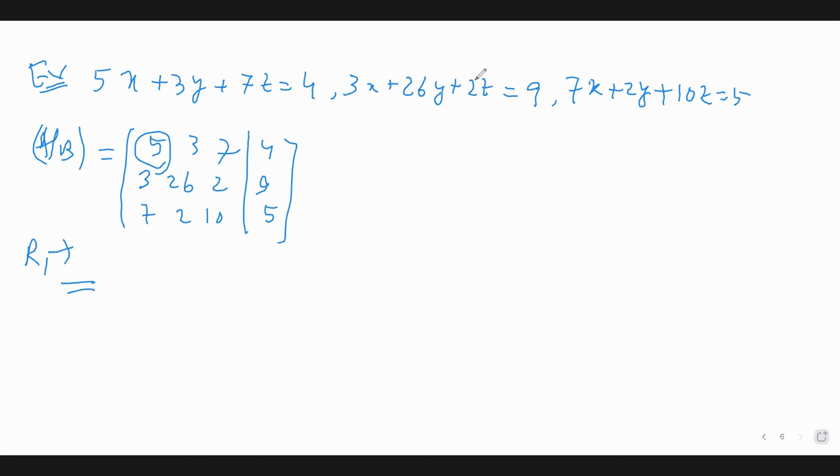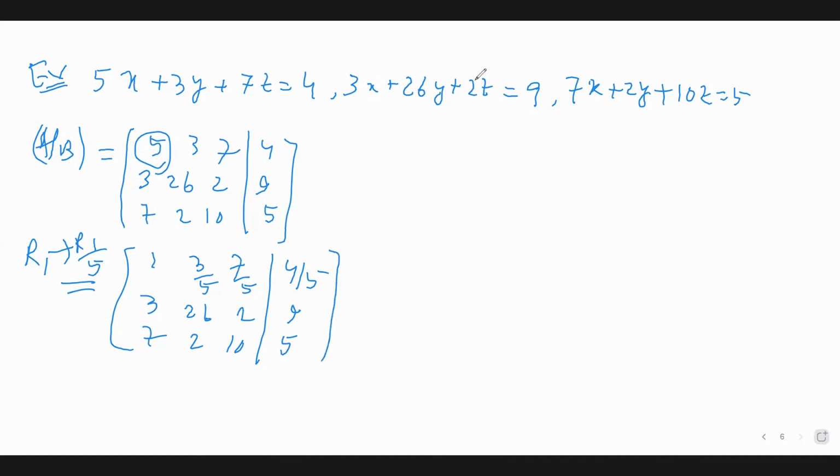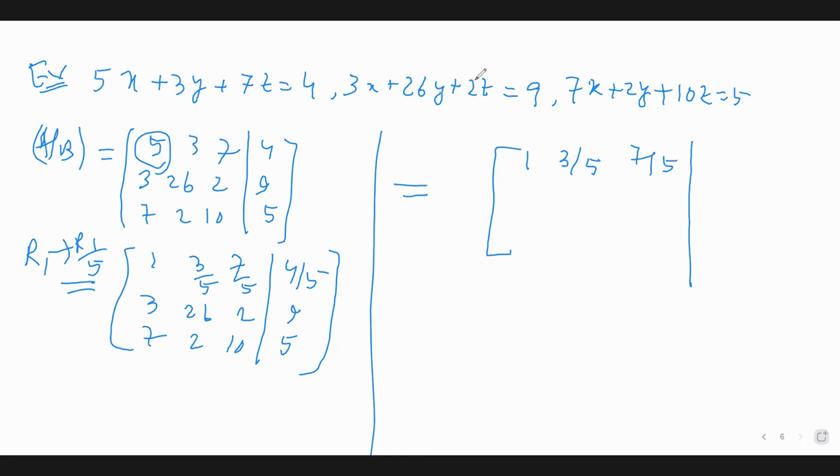R1 को रिप्लेस कर दो R1 by 5. तो 1, 3 by 5, 7 by 5, 4 by 5. तो रो 1 फिक्स हो गया. ये डेसिमल में कन्वर्ट मत करना, ऐसे फ्रैक्शन में रखो.